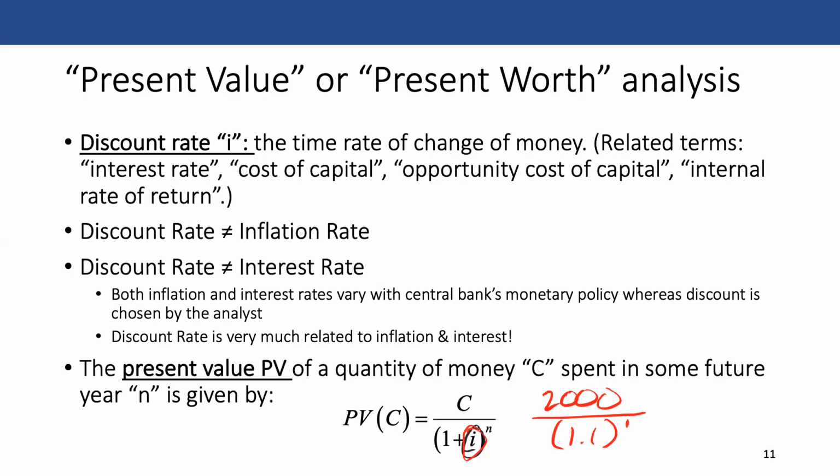Current money is worth more. And so if I want to go from future to current, usually you have to do a division, right? So I'm making my present value smaller by dividing by some number. And if you want to get to a future value from a present value, then oftentimes you are multiplying to make it bigger.